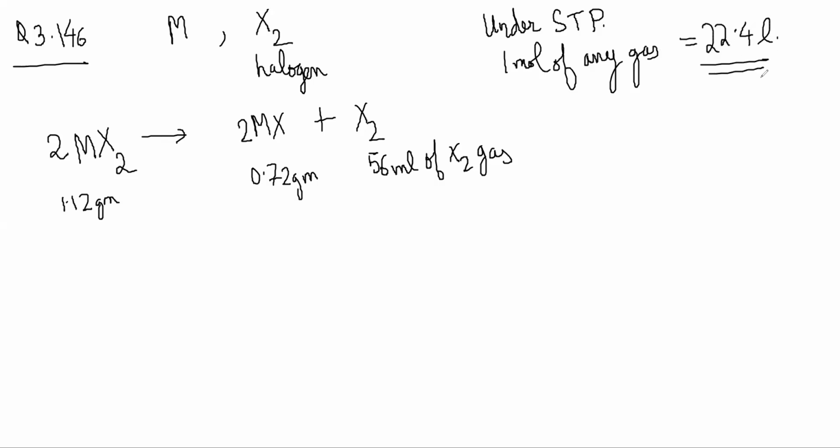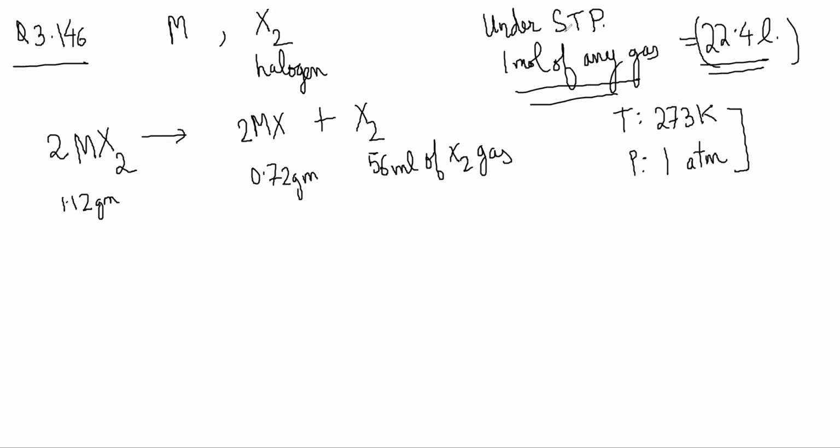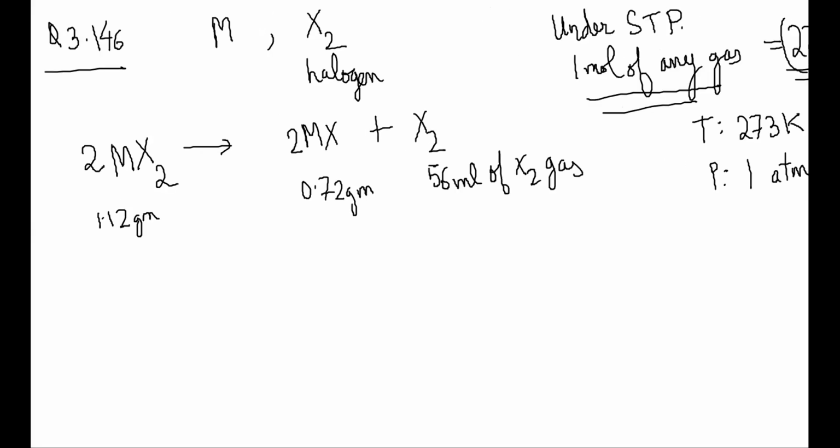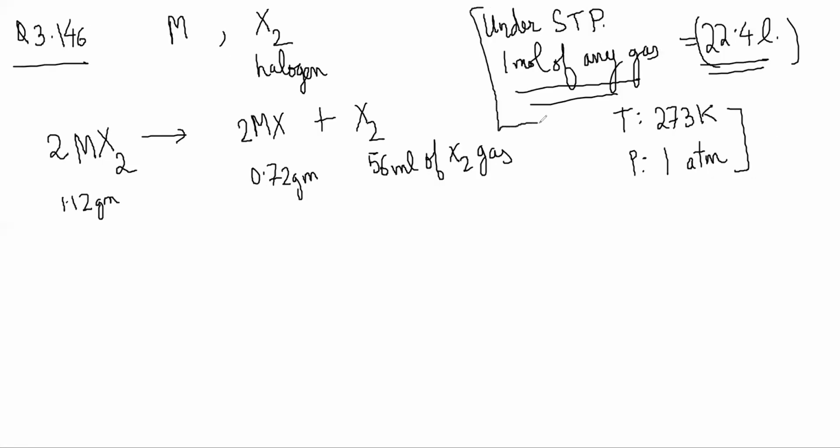So what is standard temperature and pressure? Standard temperature is 273 Kelvin and standard pressure is 1 atm pressure. If pressure and temperature are fixed, then the volume of 1 mole of any gas will always be 22.4 liter. This is a fact that is there from gas laws. We will do them later in detail. Right now, don't worry about it.